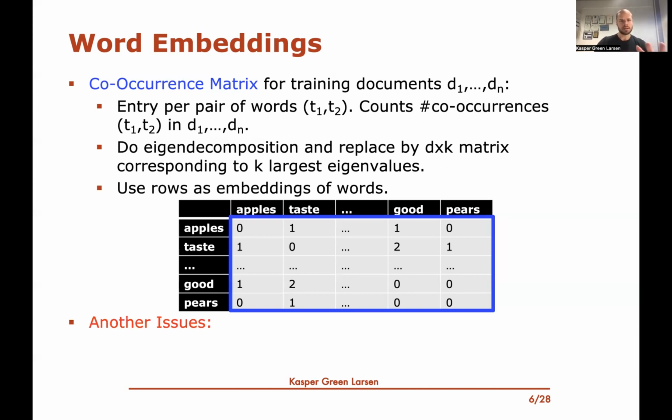But another issue that we did not discuss in the previous video, but which is also important, is that here we're really handcrafting these features by human experts. We humans have sat down and said that, well, it's probably a good idea to count co-occurrences, and just use these counts basically as the representations.